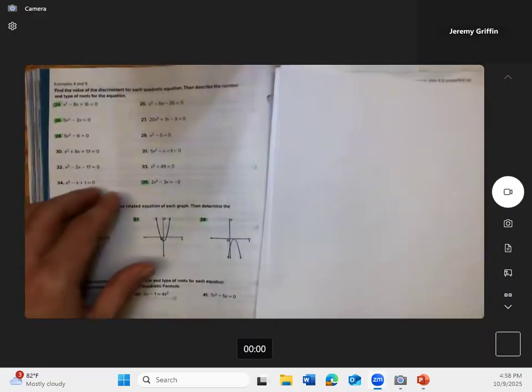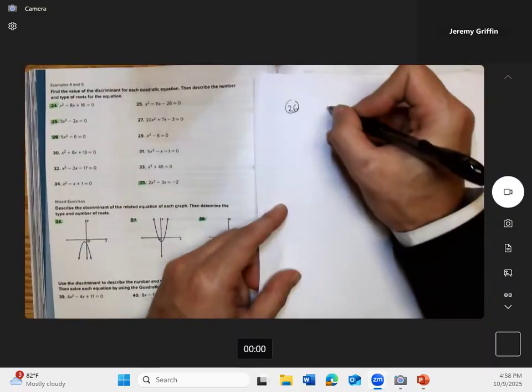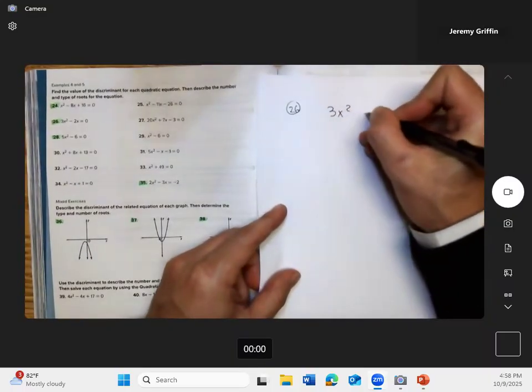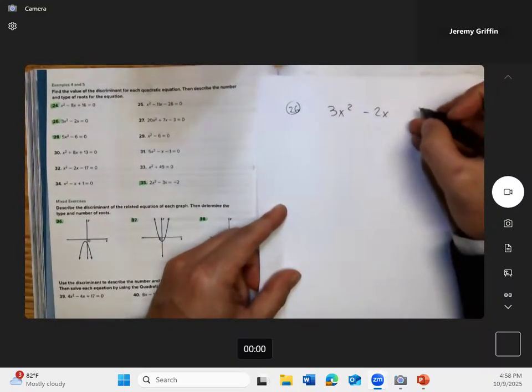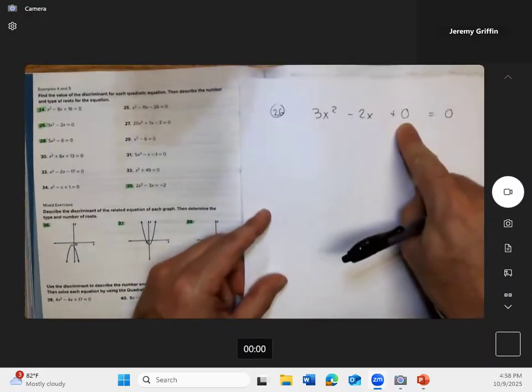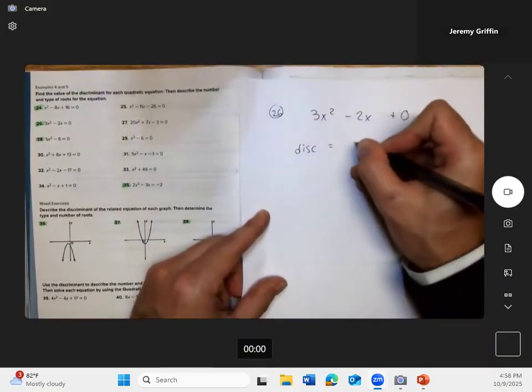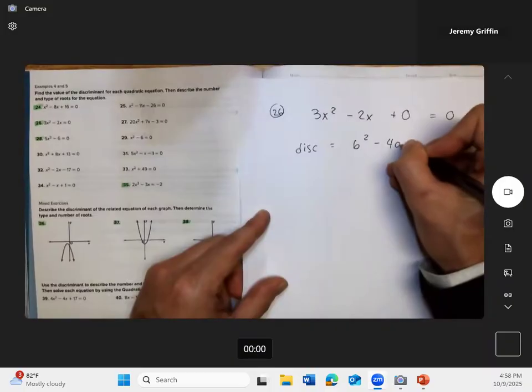Okay. So 26. We got 3x squared minus 2x. Notice there's no constant, or you could say constant is plus 0. If you like, I just added that in because I didn't really change it. Okay, so discriminant, which is b squared minus 4ac.